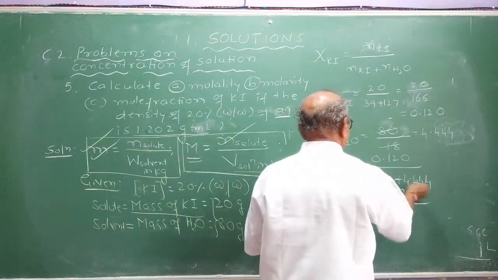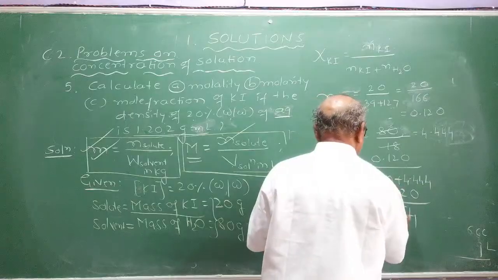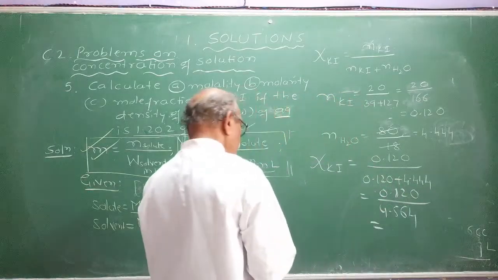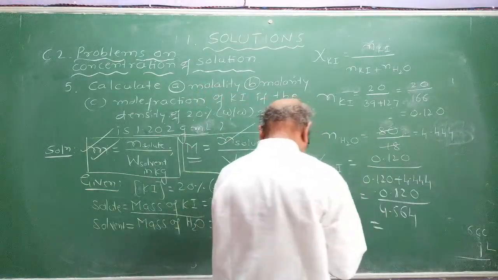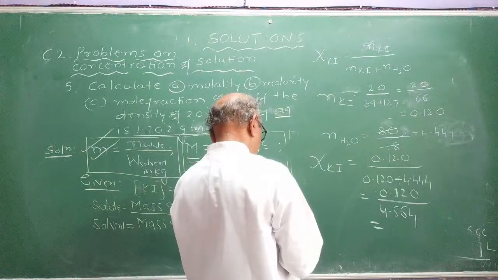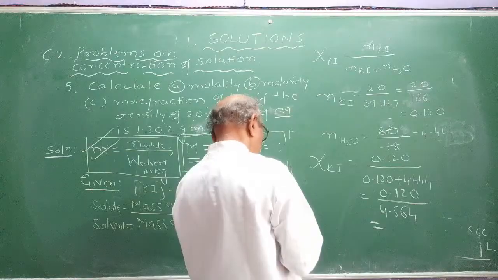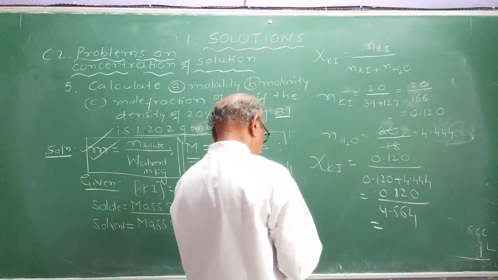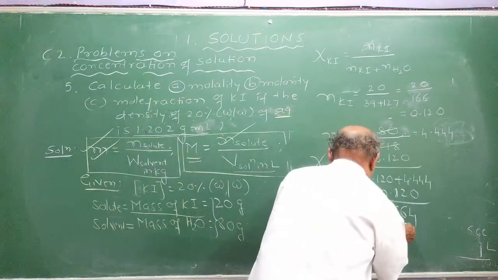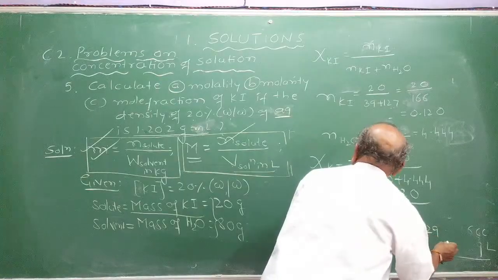0.120 plus 4.444: 0 plus 4 is 4, 2 plus 4 is 6, 1 plus 4 is 5. You get 4.564. Right? Now you can divide it. 0.120 divided by 4.564, the answer will be 0.02629.